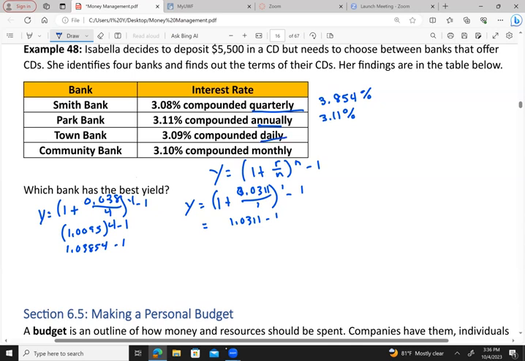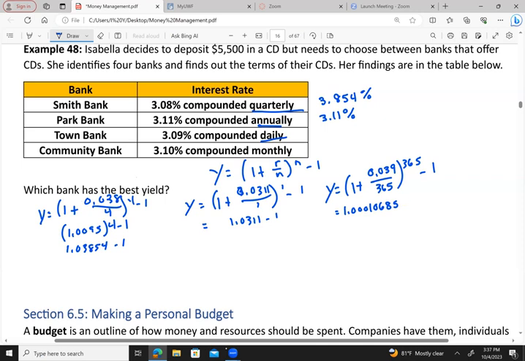Let's look at this 3.09% compounded daily from Town Bank. So here Y, the yield, equals (1 plus 0.039 divided by 365) to the 365th power minus 1. So 0.039 divided by 365. And we're going to add that to 1. I get 1.0001068 minus 1.